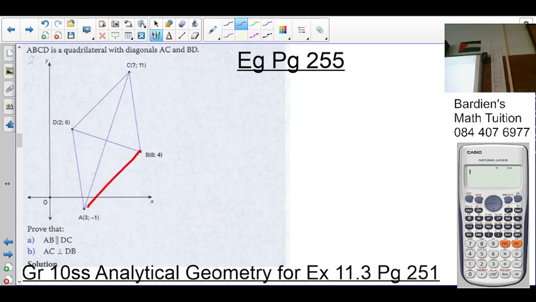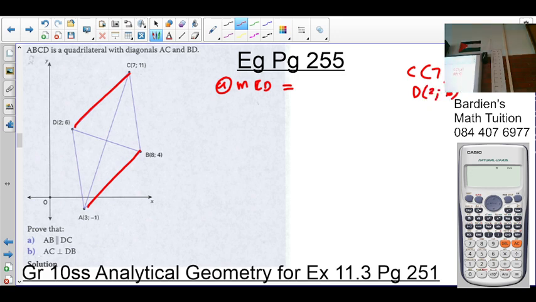People, if lines are parallel, what do we know? What is equal? The gradients are equal. If lines are parallel, gradients are equal. So what do we have to do? We have to work out the gradient of CD. So let's go with C, 7 and 11, and D, which is 2 and 6.